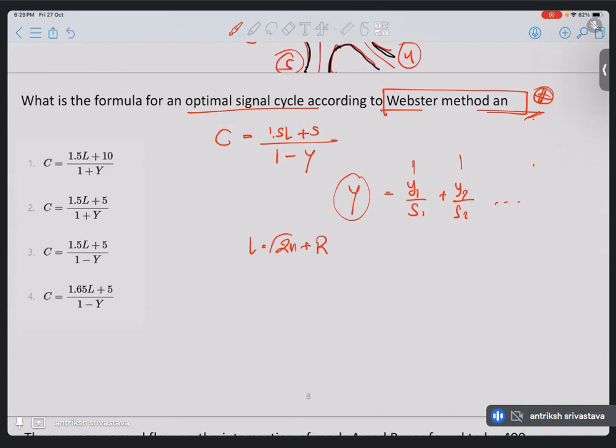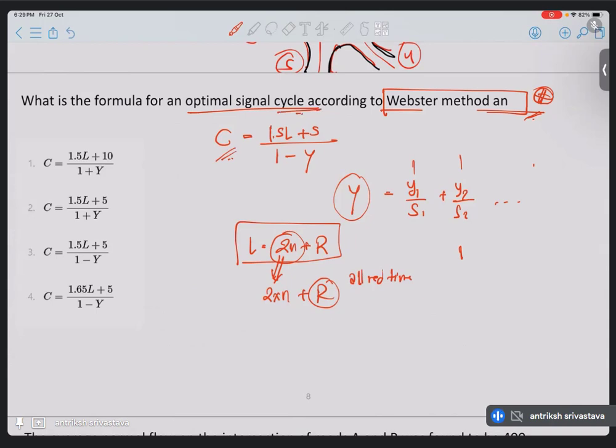If you are not given the division for loss in each phase, you are to take 2 seconds loss for each of the phases of traffic, and you multiply the number of phases with 2 seconds, and then you add the total red time or all red time, and you get the total loss, and you use this to get the Webster's method optimum signal cycle.